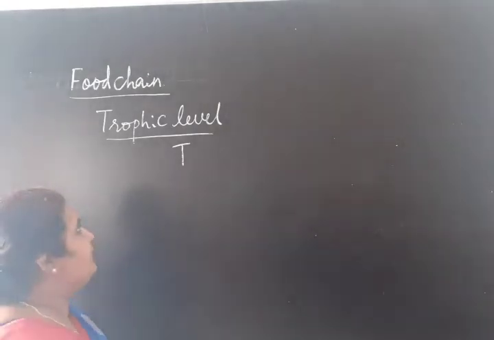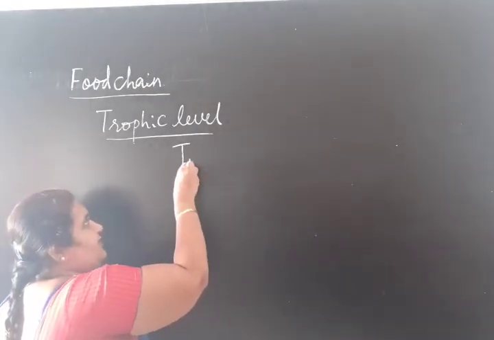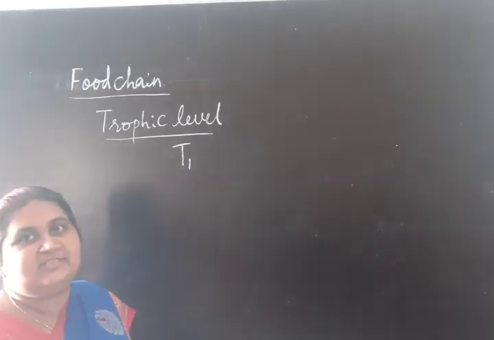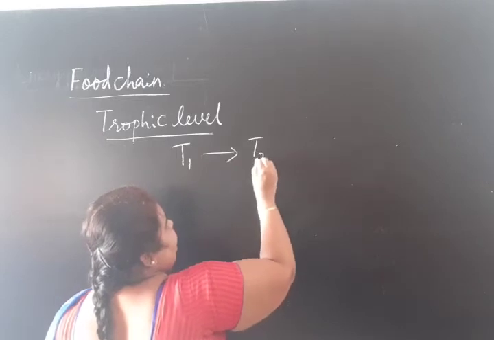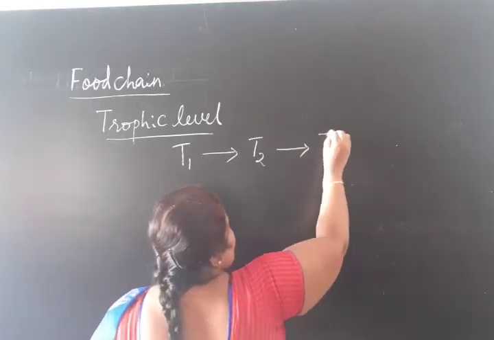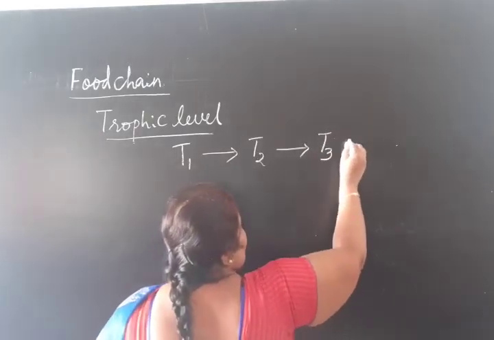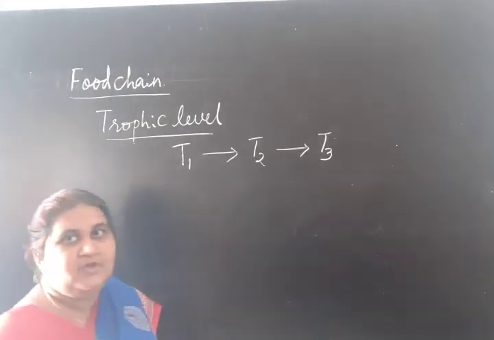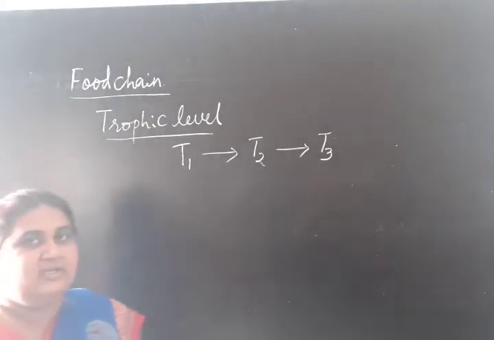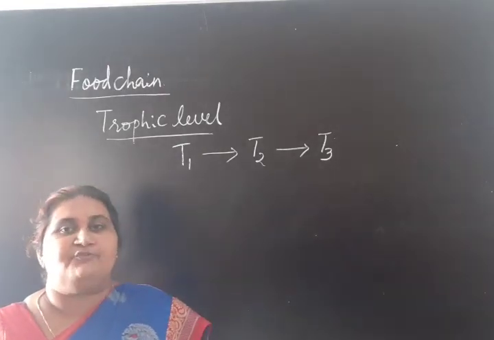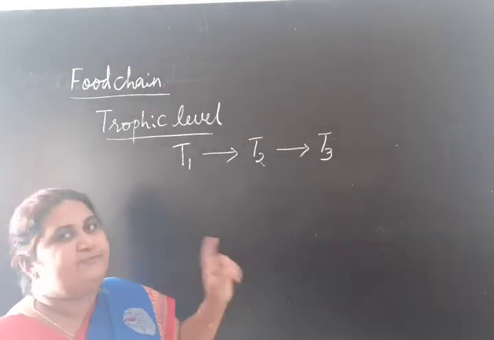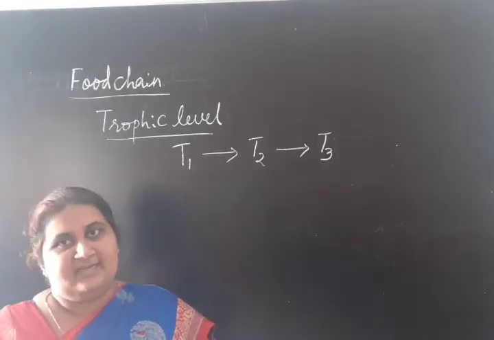If it is the first trophic level, we write it as T1, then T2, T3, and so on. In an ecosystem, a food chain comprises a maximum of 4 to 5 trophic levels.